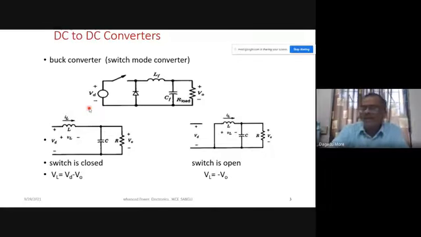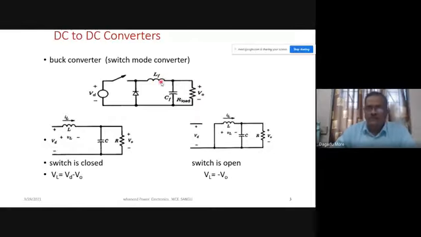Here we have an inductance on the filter side, and we use volt-second balance. What is the voltage across the inductor when the switch is on, and what is the voltage across the inductor when the switch is off?